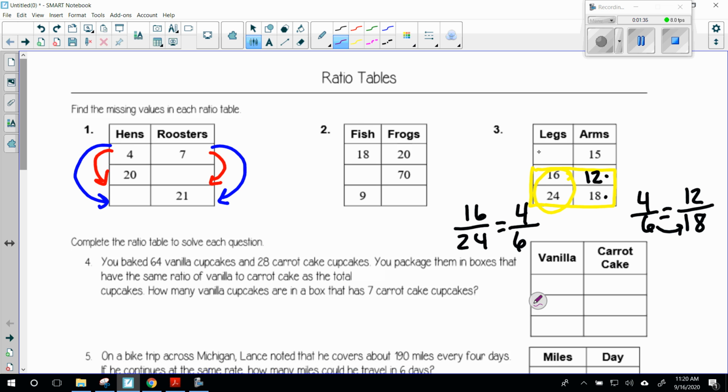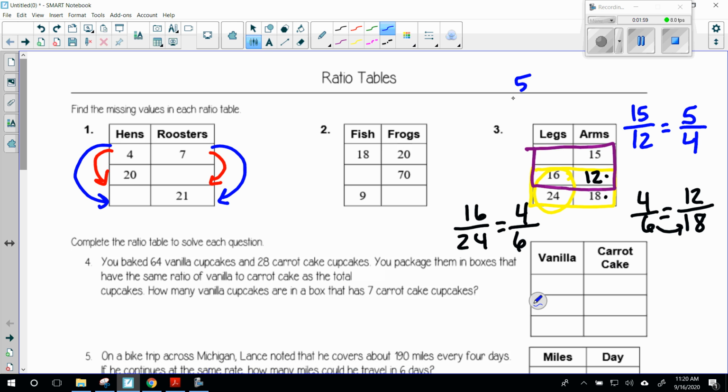Now, if I look at my other set, so look at the table like this, focusing in on those two ratios. I have 15 to 12. And if I simplify that by dividing each number by 3, on the numerator, if I divide by 3, I have a 5. And on the bottom, the denominator, if I divide by 3, I have a 4.